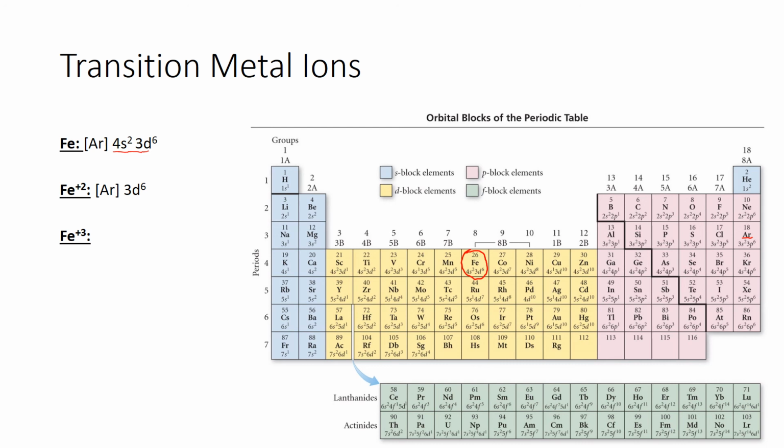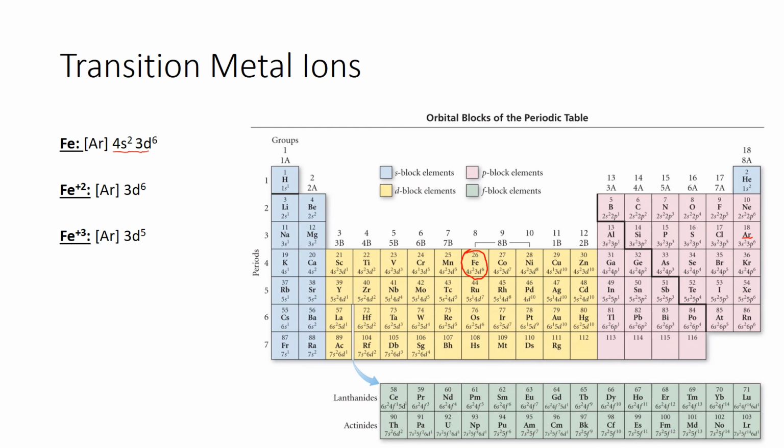Now, iron with a +3 charge has to lose 1 extra electron. It turns out that the extra electron, that third one, actually comes from the 3d sublevel. So a lot of the patterns that we see with transition metal ions, those multiple charges, arise because the transition metals start losing additional electrons from the 3d or 4d, whatever energy level the D sublevel is at.